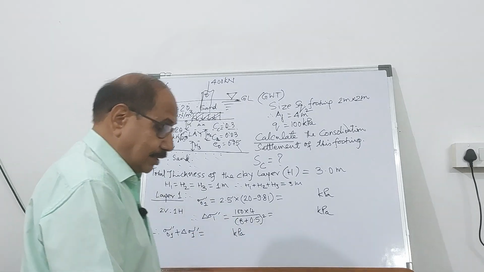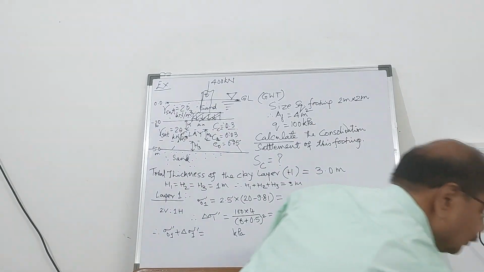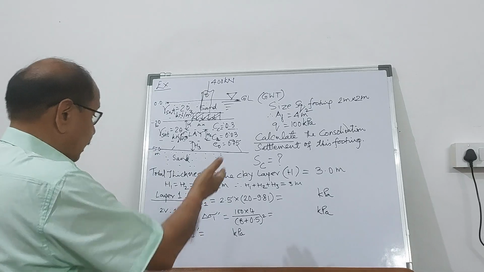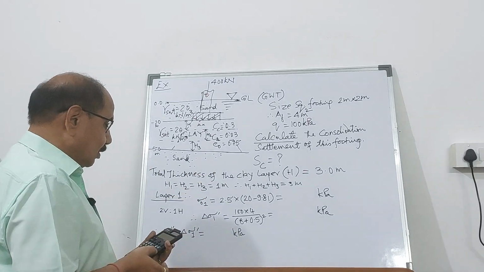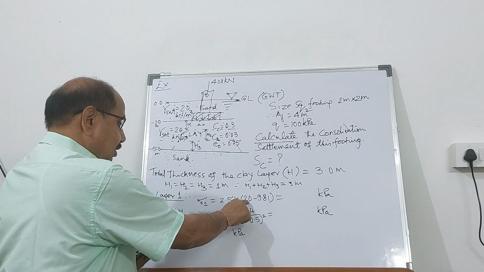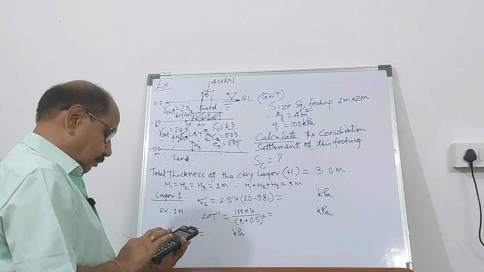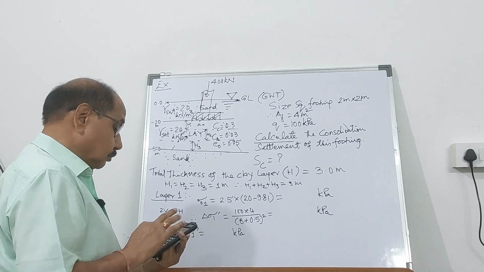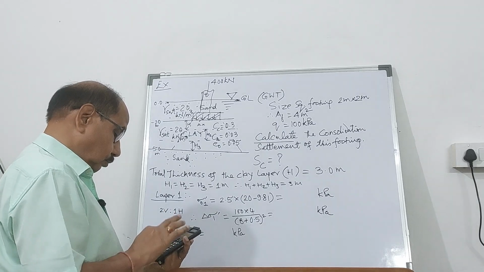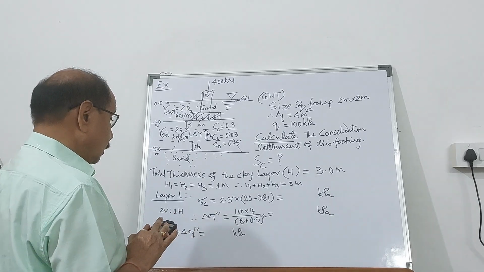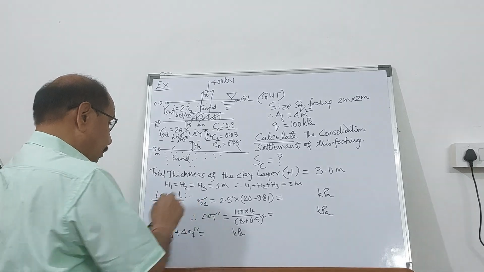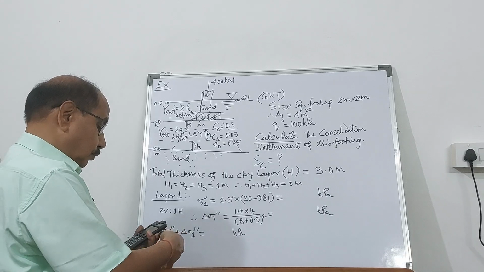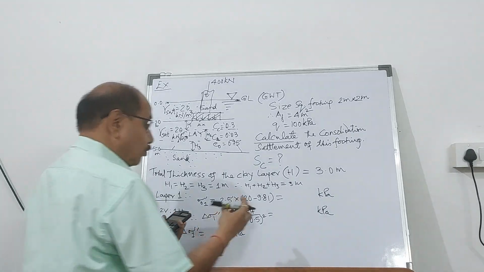So let us take our calculator and you can calculate this. Quite simple. This becomes 10.19 multiplied by 2.5, 25.475.